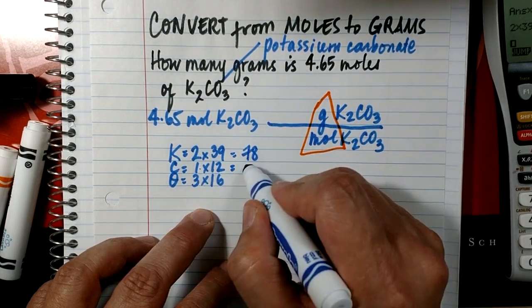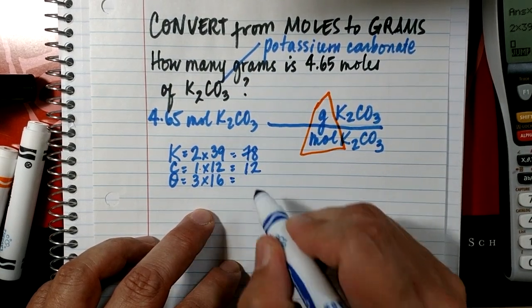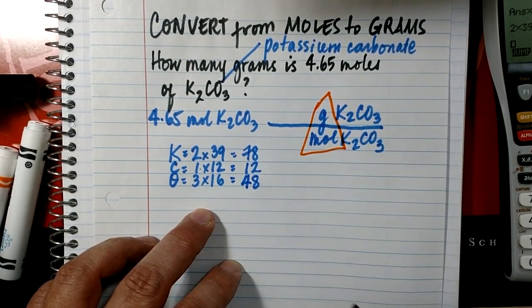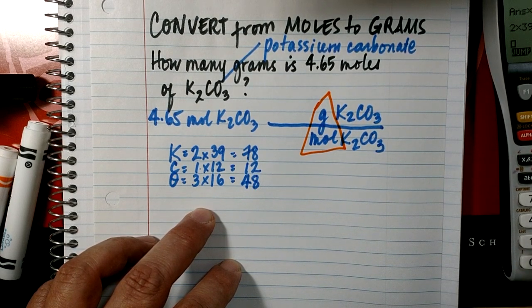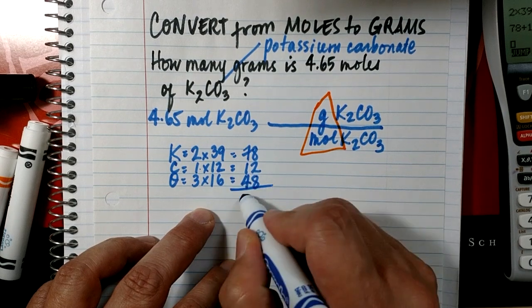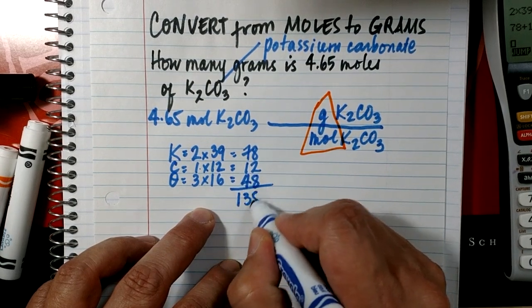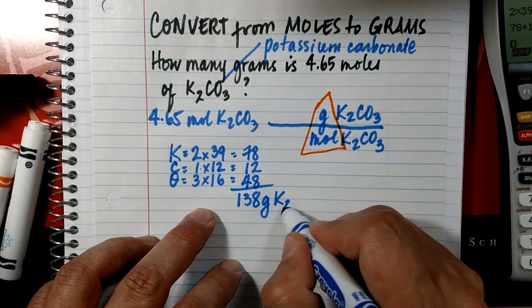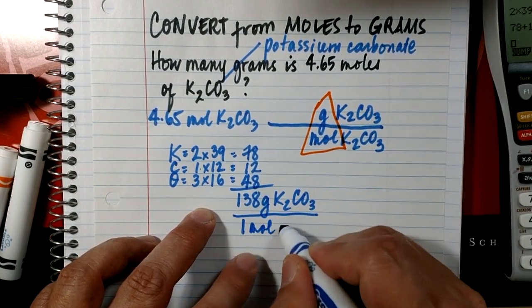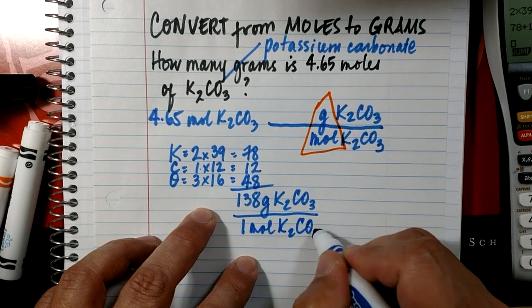There's only 1 formula unit of carbon, gives us a contribution of 12 grams per mole. And there are 3 formula units of oxygen, gives us 48 grams per mole. And if you add all that together, 78 plus 12 plus 48, you have a total of 138 grams of potassium carbonate in 1 mole of potassium carbonate.